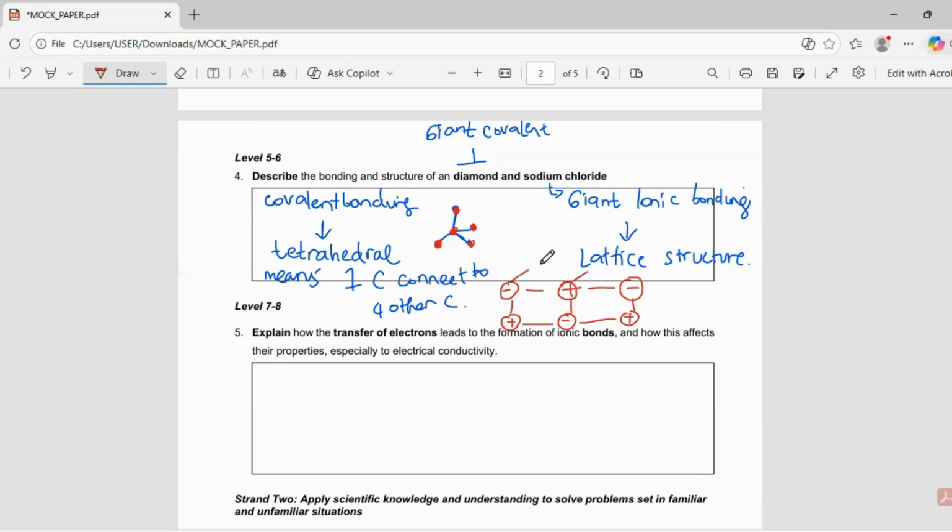Then you can continue, make a cube. Each positive ion is surrounded by six negative ions, and vice versa.